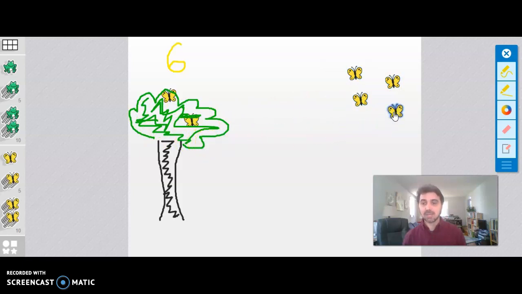How many butterflies are left in the tree? That's right, 2. So if we took away 4 butterflies, so minus or subtract 4 butterflies, here are the 4 that flew away, there are still 1, 2 in the tree. 6 take away 4 is the same as 2.